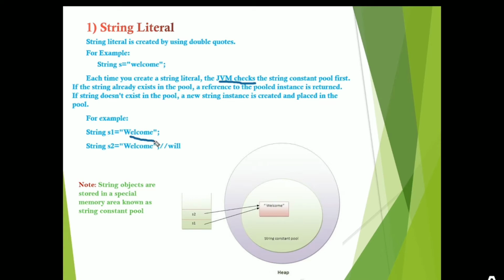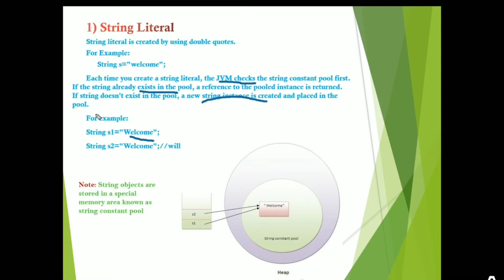The JVM checks whether the string welcome is in the heap memory. If it exists in the pool, a reference to it is created. Otherwise, if it does not exist, a new string instance is created. If it exists, then it refers to that.